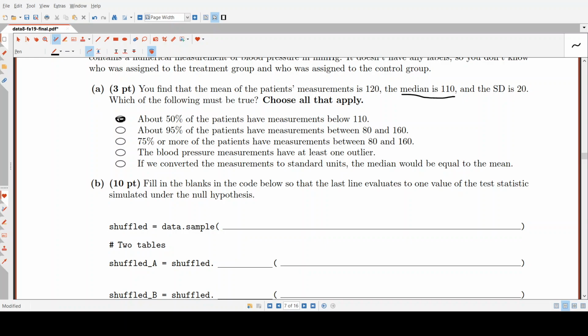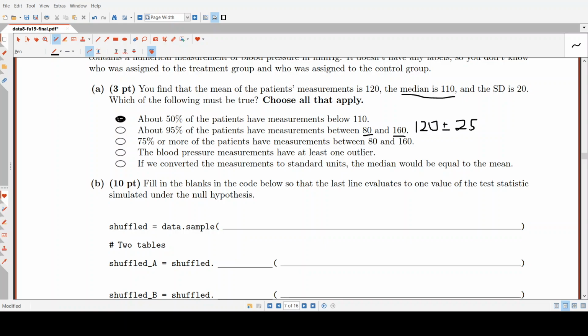Okay. So the second thing is that about 95% of the patients have measurements between 80 and 160. Notice that you can look at 80 and 160 as the mean of 120 plus or minus 2 SDs.